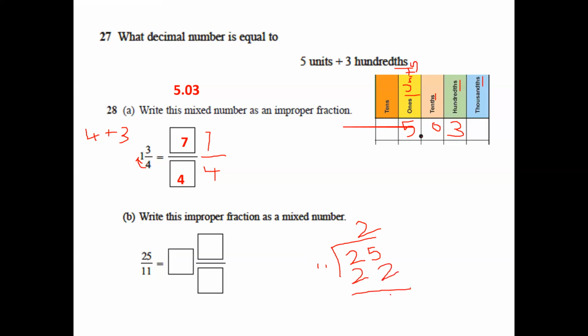And 3 are remaining. 25 minus 22 is 3. So there are 2 wholes, and out of 11, 3 will remain. So 2 wholes and 3/11 is the mixed number of this improper fraction.